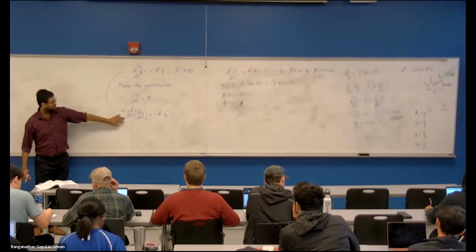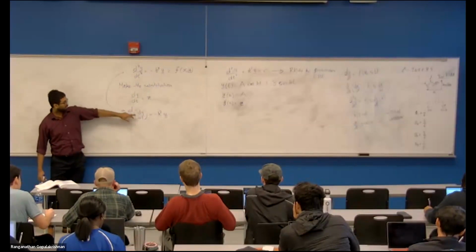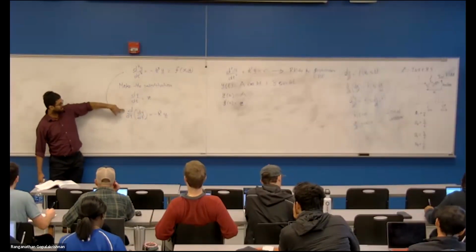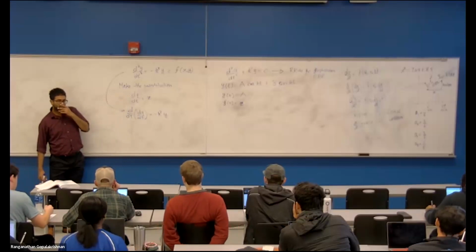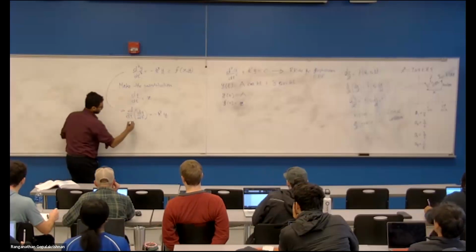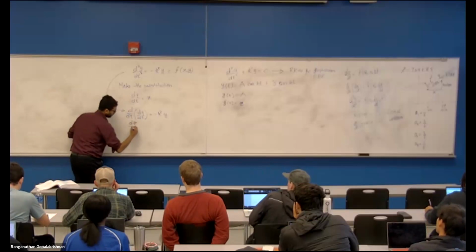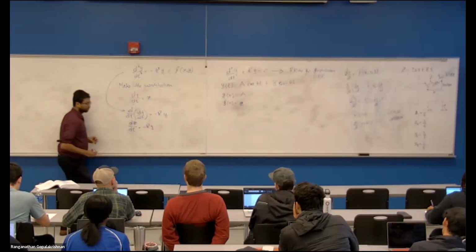So what is this equation? The derivative of dy over dt. Look at this and look at this. Tell me how they are related. Lower equation is the derivative of the upper equation. So it's like writing the derivative of z with respect to time is minus k squared y.